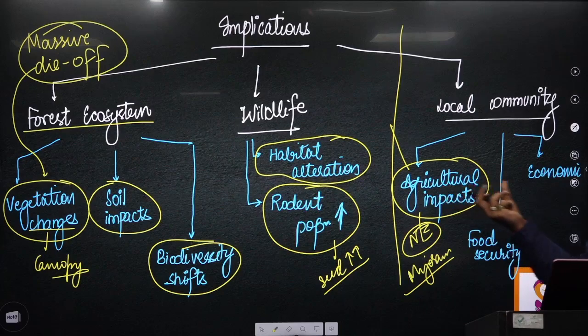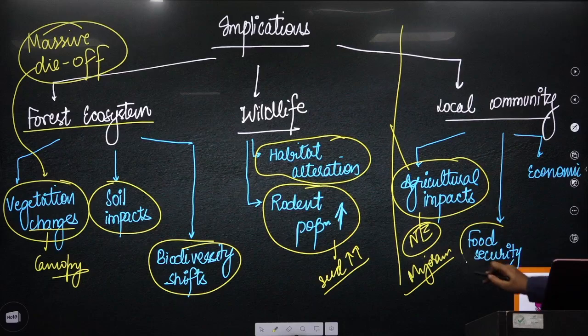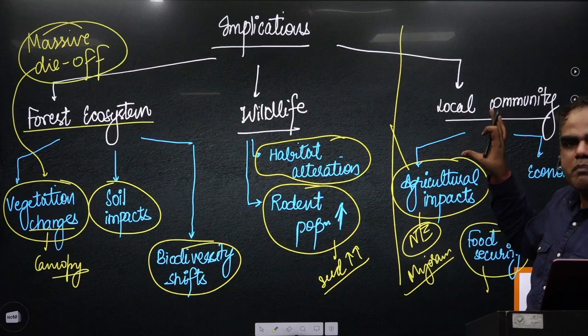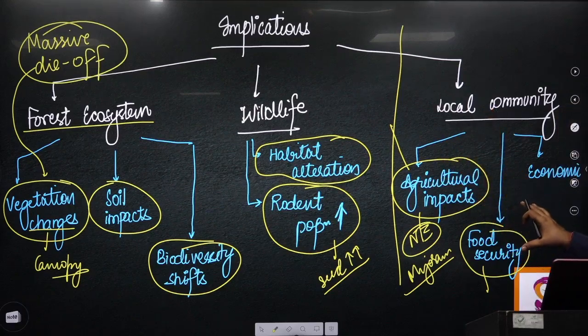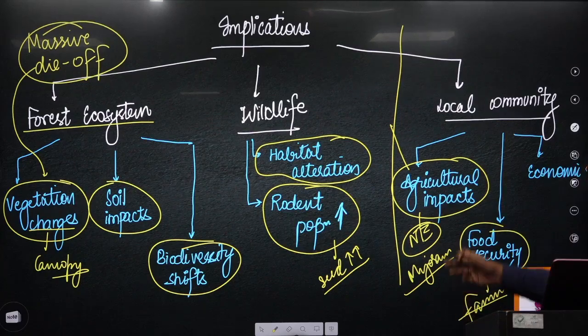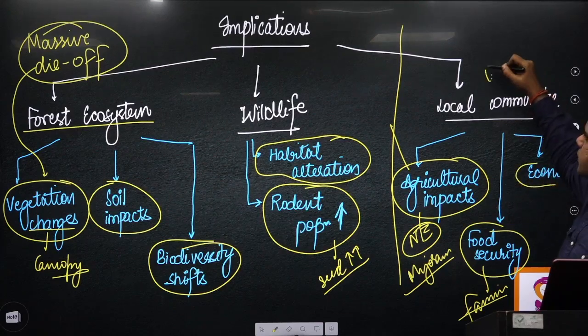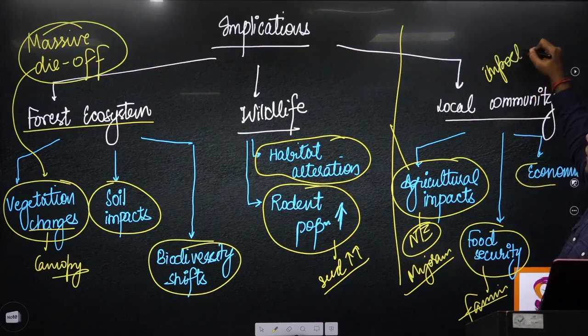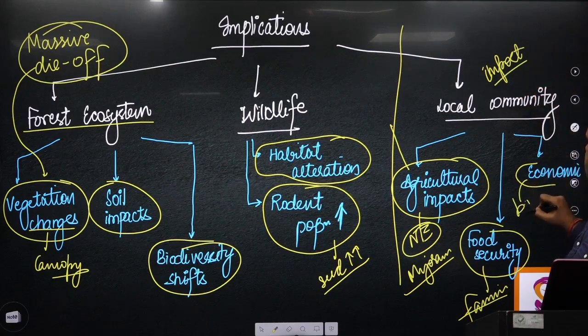So agriculture is impacted, and food security is also impacted, because the communities which were relying on bamboo are going to face a problem. There can be a famine in this region, a plague, a rodent infestation, and the export value of bamboo-related products is going to suffer because of a rapid decline.